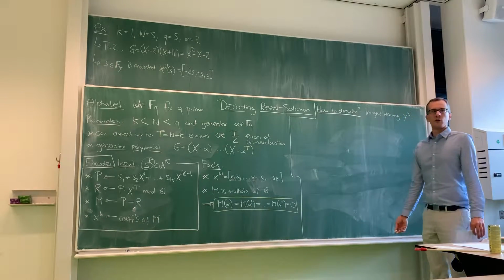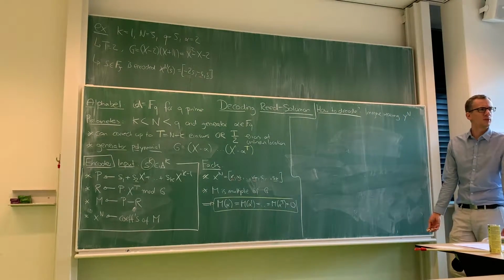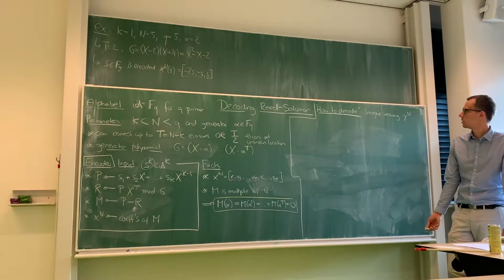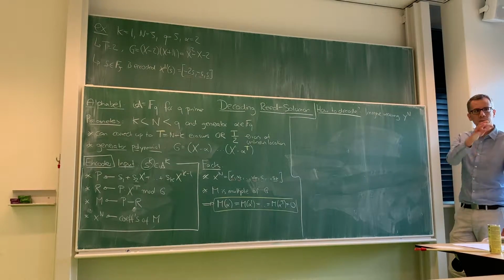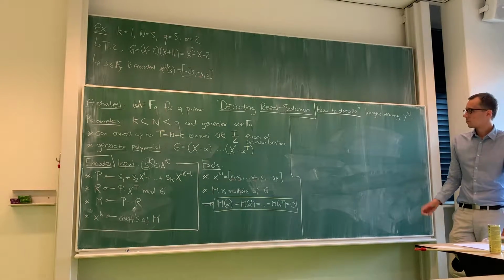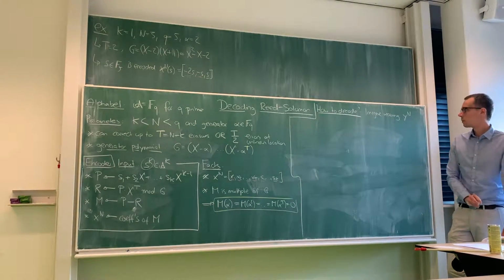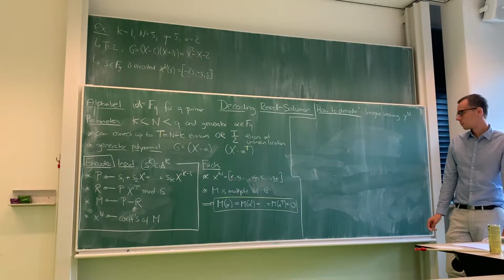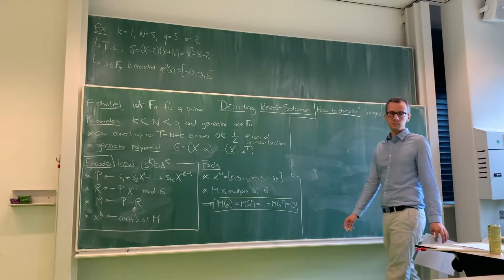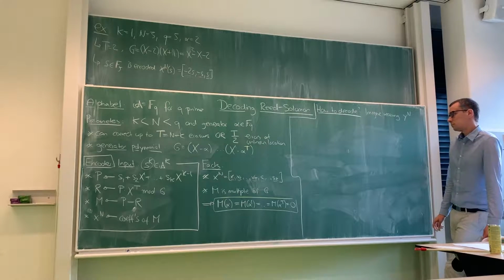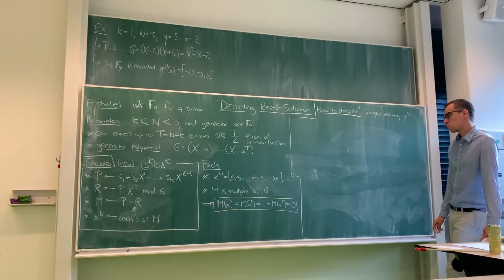So how could I make progress? And maybe you thought about this, and we discussed it in the exercise class, I'm not sure. Does anyone have an idea? Yeah? You could use the property, because you know that every code word is something resulting from that.